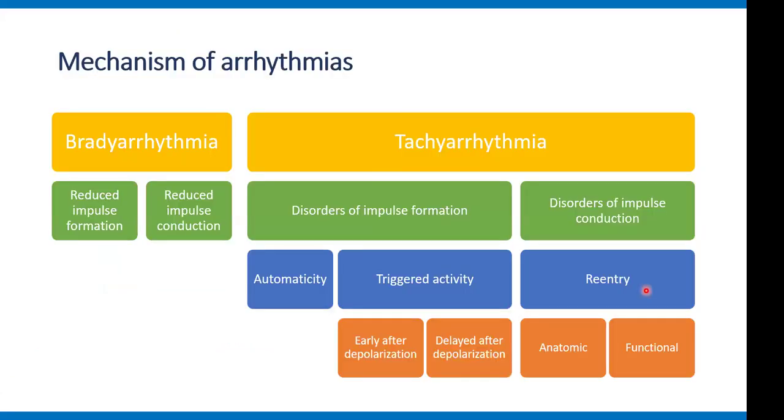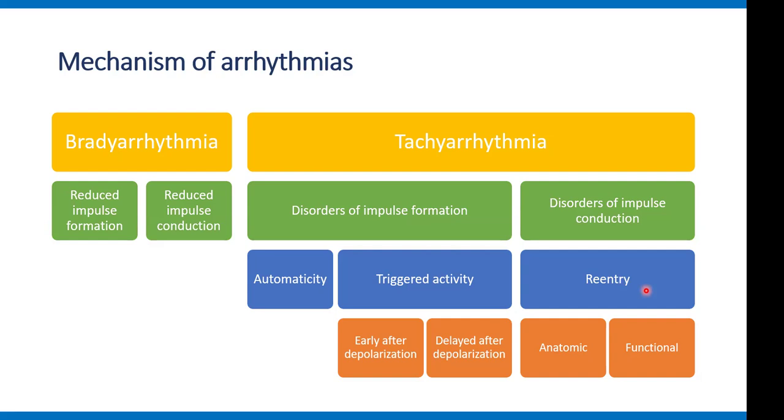Okay. So we'll now look at the mechanisms of arrhythmia. We have bradyarrhythmias, which are generally due to reduced impulse formation or reduced impulse conduction. So it is not formed, or it is formed but not conducted. When we look at the tachyarrhythmias, we also have disorders of impulse formation and disorders of impulse conduction.